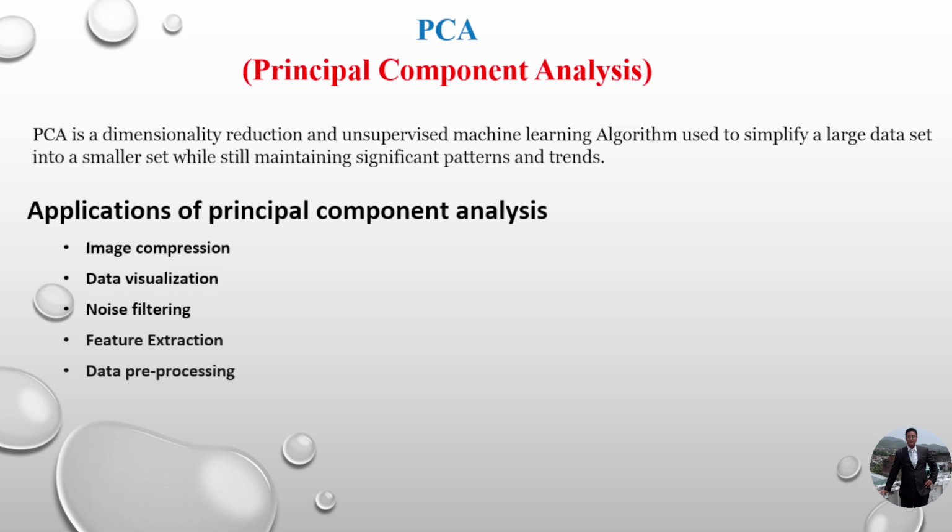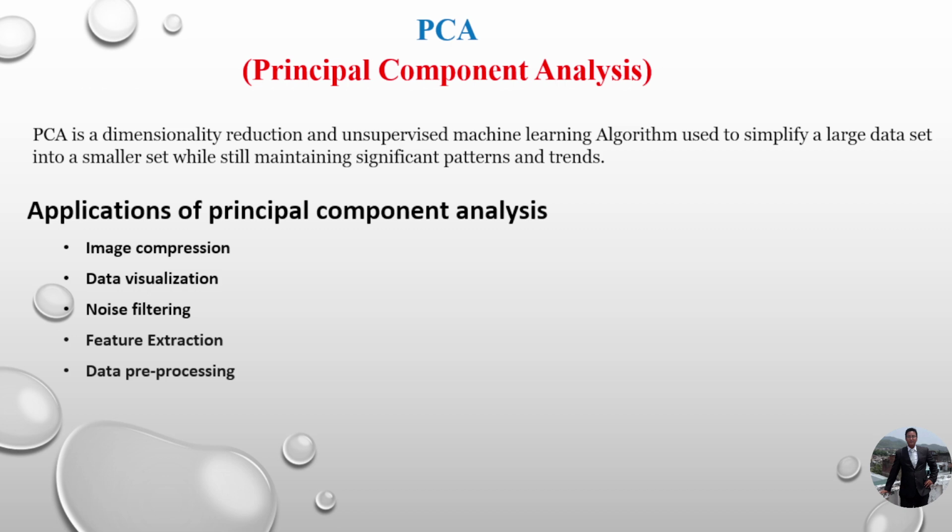Reducing the number of variables of a dataset naturally comes at the expense of accuracy, but the trick in dimensionality reduction is to trade a little accuracy for simplicity, because smaller datasets are easier to explore and visualize, and thus make analyzing the data much easier and faster for machine learning algorithms without extraneous variables to process.